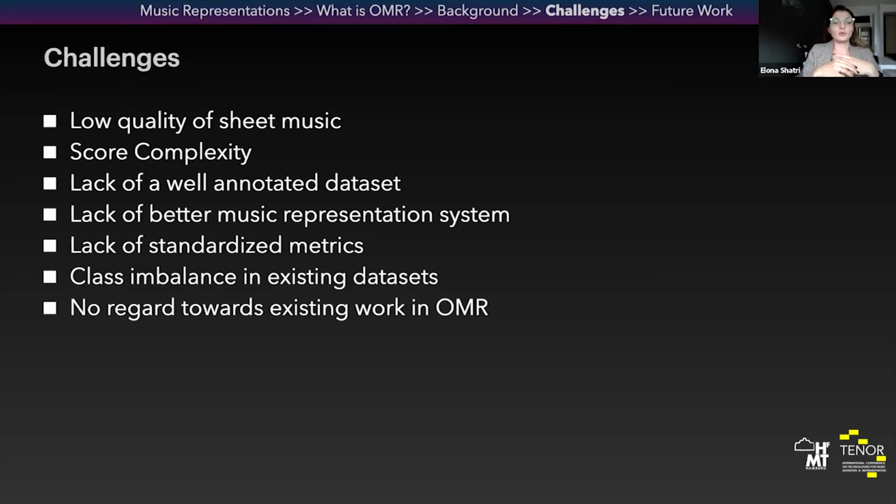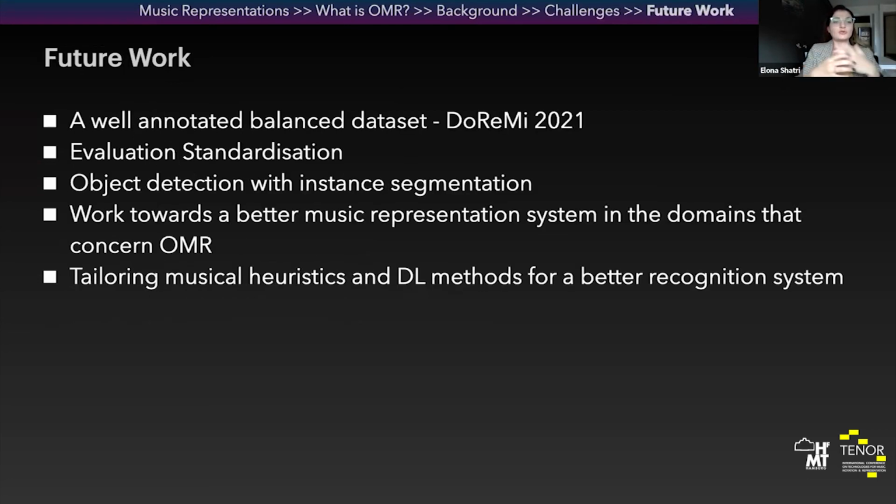A further open issue is the lack of a large labeled data set with a broad variety of image quality, and as I mentioned, class imbalance. So future work includes work that we're currently working on, actually, that is publishing and making it open for other researchers, that is the RME dataset, working on evaluation standardization together with finding a better representation system, which would allow deep learning methods to be used as well in OMR.